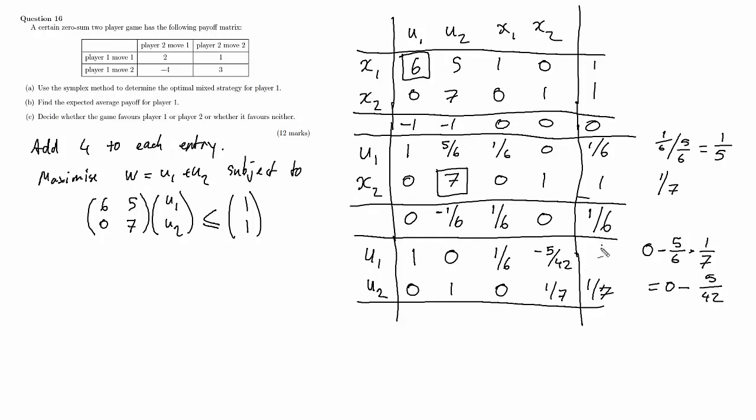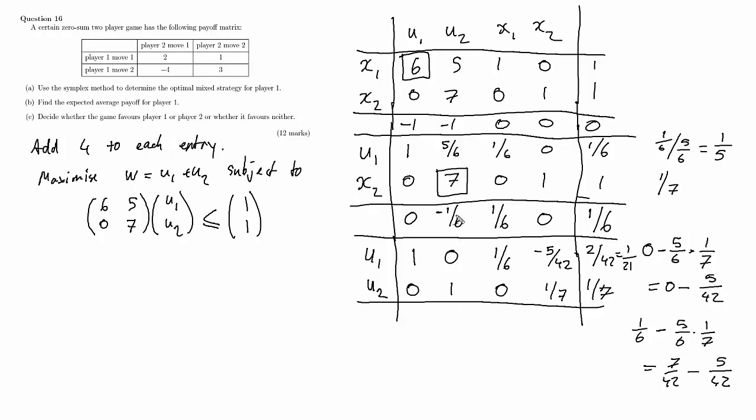Finally, we find for this column, we have 1 on 6 minus 5 on 6 times 1 on 7, which is 7 on 42 minus 5 on 42, which is 2 on 42, or 1 on 21.